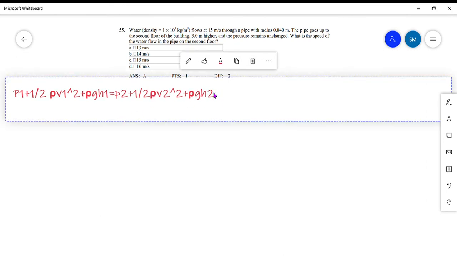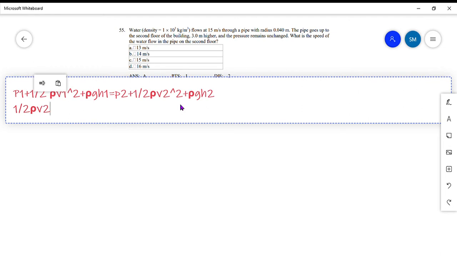So we will have half the density times V2 to the power 2 simply equal to P1 plus half rho V1 squared plus rho g h1, minus this part and this part, P2 minus rho g h2.